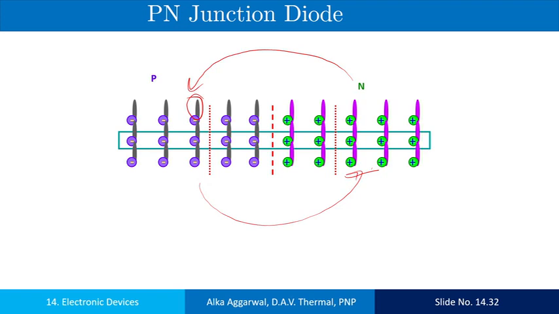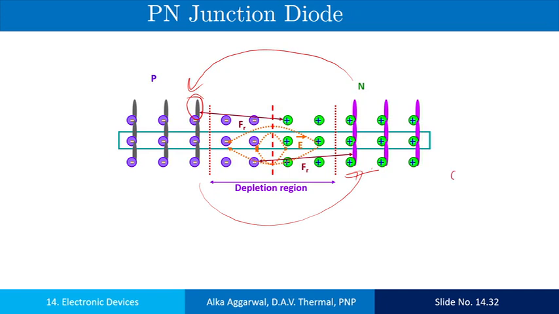The motion of the charge carriers across the junction produces a current called diffusion current. So diffusion current is produced due to the motion of the majority charge carriers.